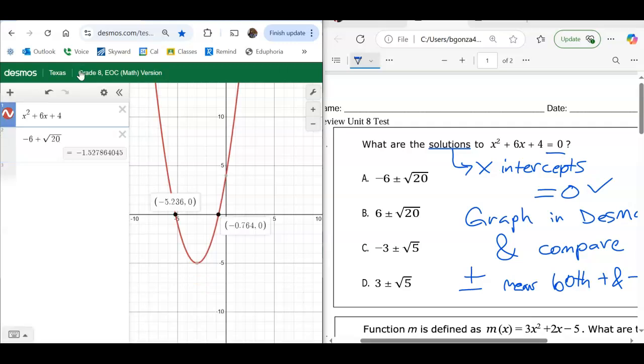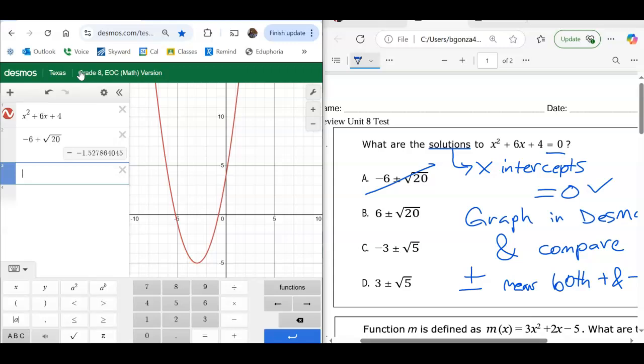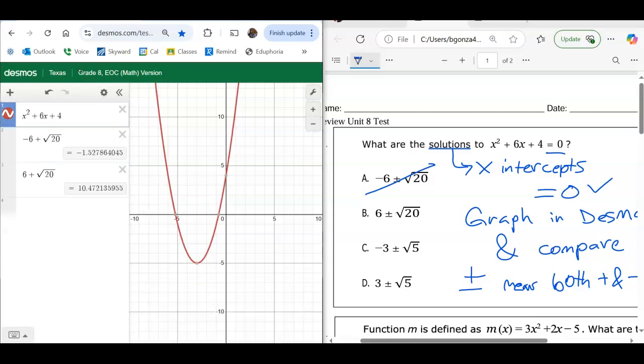Negative 1.5, no. Okay, now let's try 6 plus the square root of 20. Notice I'm just doing the plus sign. Okay, well, 10.47 is neither of those.